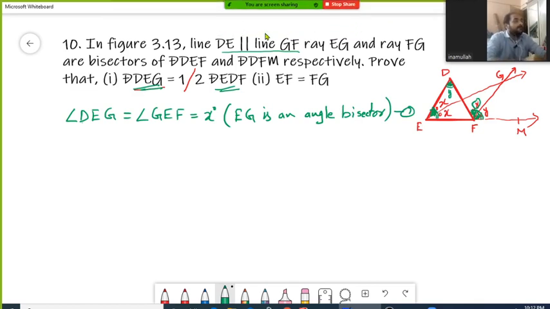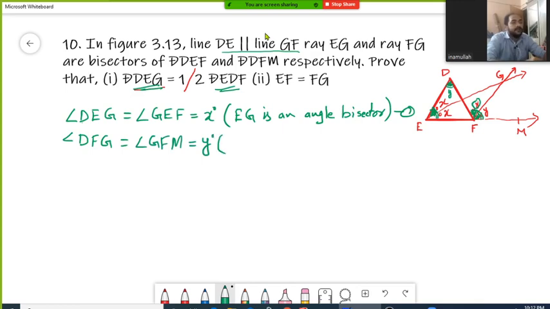Now, same way, I can say angle DFG is equal with angle GFM, and each is of y degree.